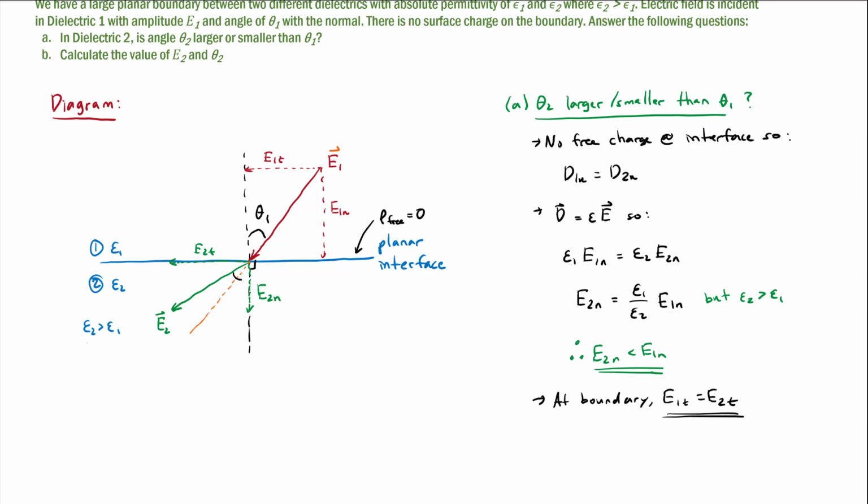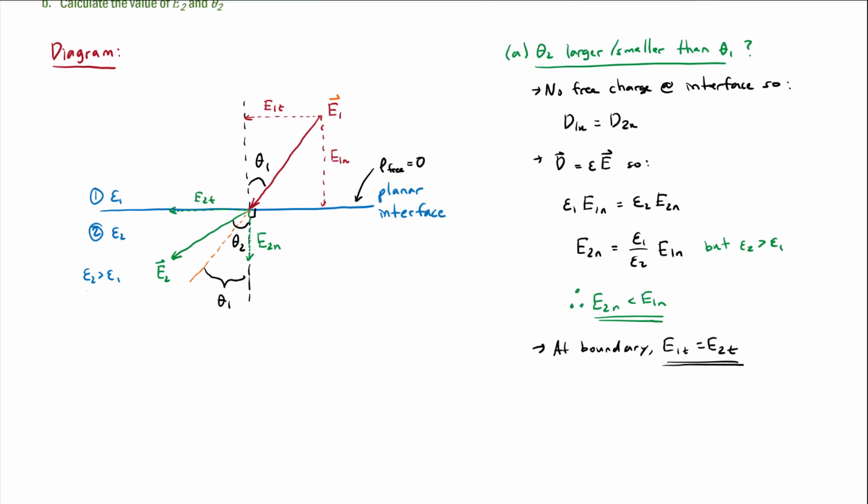So this is going to be theta 2, and this here is theta 1. So clearly from the diagram, we can conclude that theta 2 is bigger than theta 1.